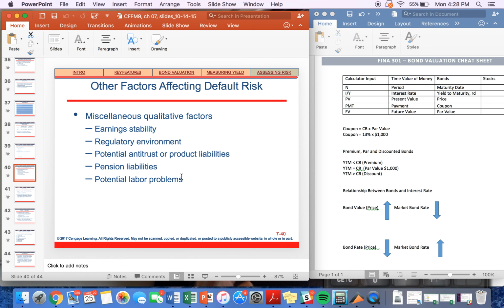Other miscellaneous but qualitative factors that they look at with those bond ratings is earnings stability. How likely is it that your company is going to keep earning money based on whatever you're selling, whatever you're doing? What's the regulatory environment of your company? Are you in oil and gas where you're heavily regulated? Are you an environmental company?